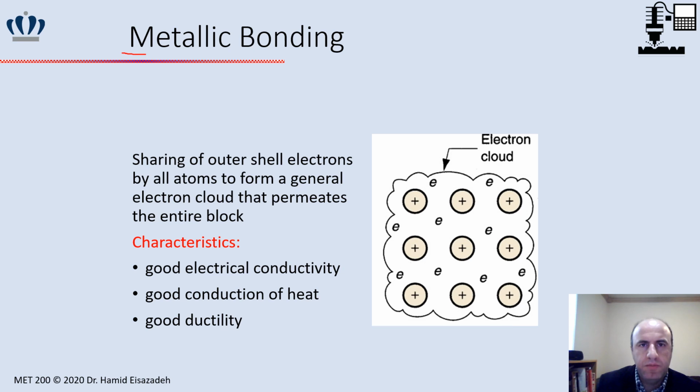The next type of bonding is called metallic bonding, and this type of bonding occurs in pure metal or metal alloys, and the atoms of a metallic element have very few electrons in the outermost shell. That's why the electrons are going to be shared in the entire block, so they call it a general electron cloud.